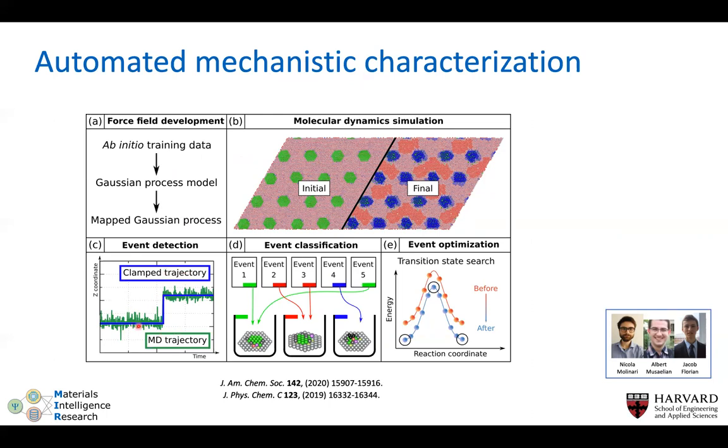Then we isolate this event and automatically classify it into 7 previously established restructuring event classes based purely on their Z coordinate and coordination numbers. And then we proceed to do a detailed transition state modeling, which allows us to look at the detailed energy landscape of each individual event.